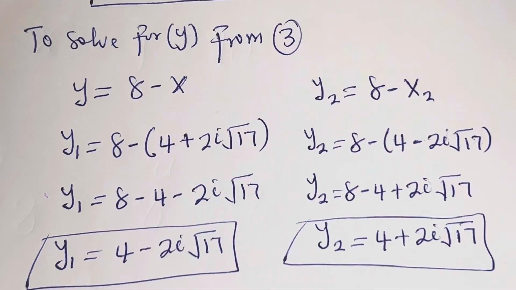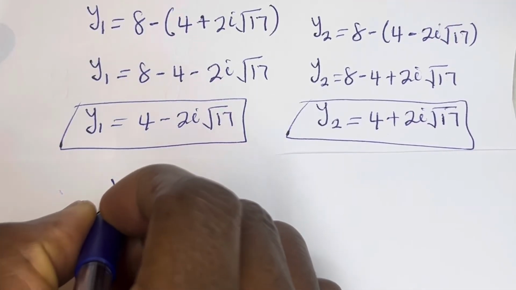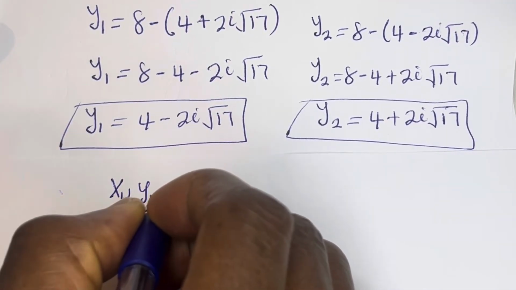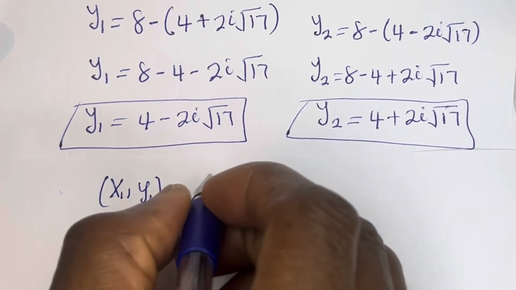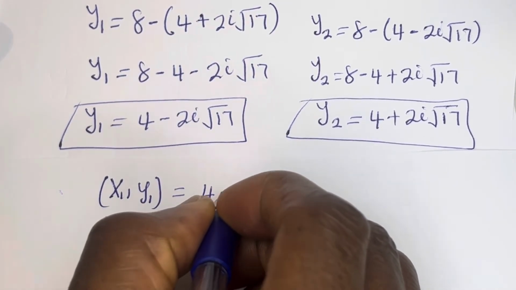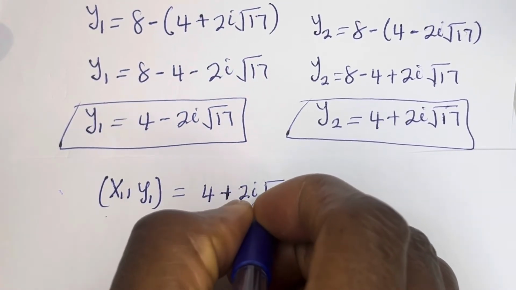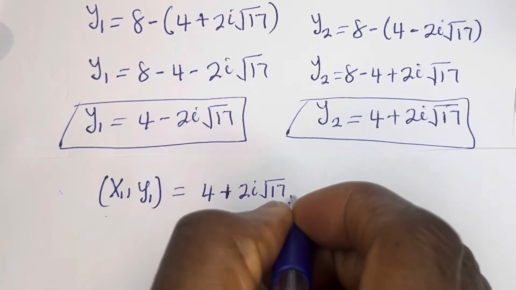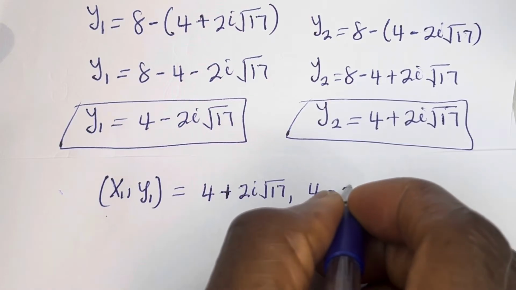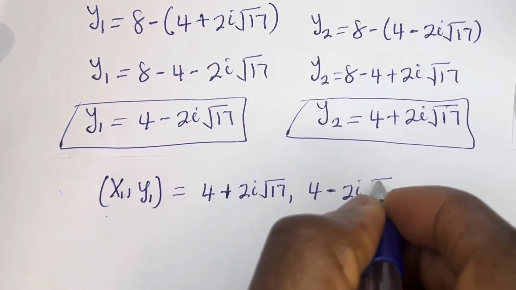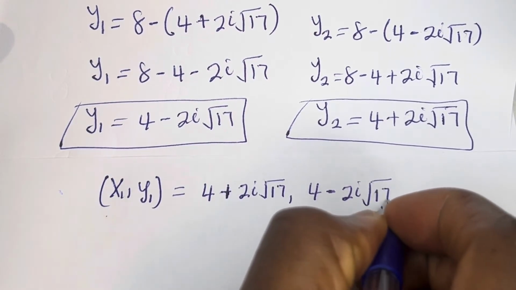Therefore, our final answers are s1, y1 is equal to 4 plus 2i square root of 17, 4 minus 2i square root of 17.